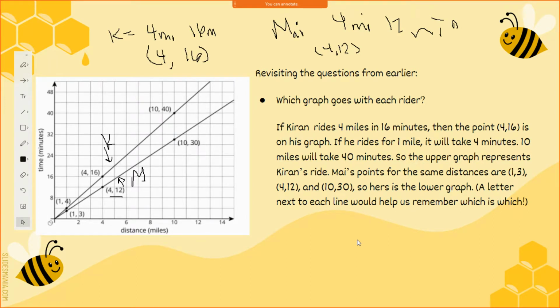Make sure you're writing these into your notes. You've labeled which one is (4, 12), which one is Kieran. And I can tell because of the points.